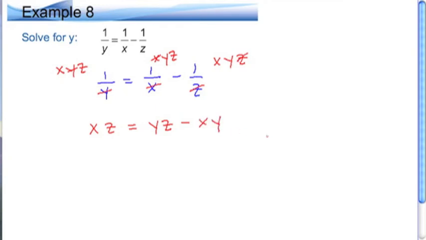So notice that I have 3 terms left, and I'm trying to get y by itself. 2 of these terms contain y, the yz and the xy. So I need to separate the y from the other variables. To do that, because there are 2 terms, we're going to use our factoring trick. We're going to factor the y to the front, leaving us with z minus x in parentheses. And finally, we're going to divide both sides by z minus x.